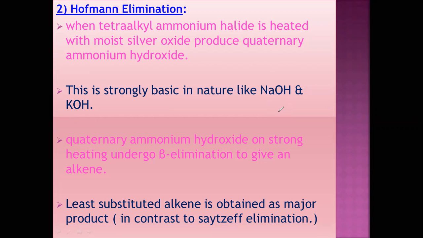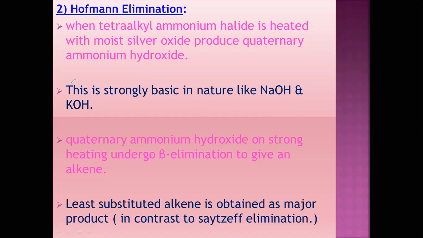Now this tetraalkyl ammonium halide is heated with moist silver oxide, which produces quaternary ammonium hydroxide. Now this is strongly basic in nature, like NaOH and KOH. So that's why this hydroxide ion acts as a base, and abstracts a beta hydrogen atom from the reaction mixture, and it undergoes beta elimination reaction after heating.